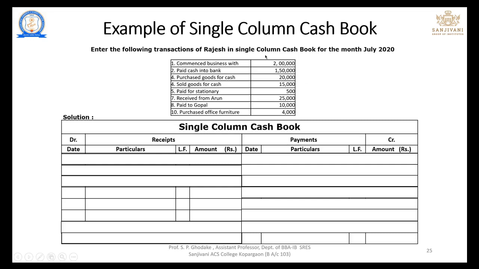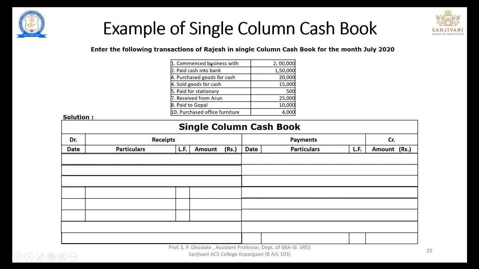So for these particular transactions, first we need to draw a single column cash book where there will be a date column, a particular column, a ledger folio column, and an amount column. Again, date, particular, ledger folio and an amount column, where at the debit side we have the receipts and at the credit side we have the payments.